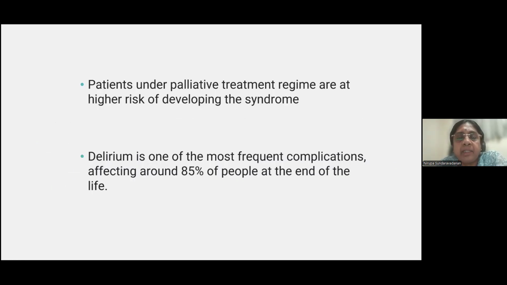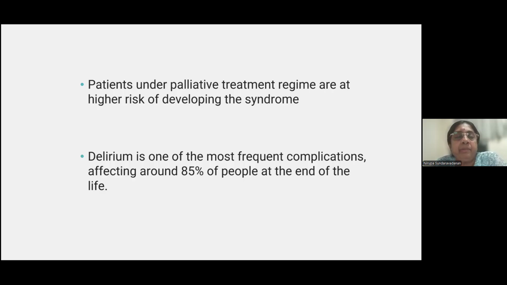In the palliative care setting, we see a lot of delirium. It's one of the most frequent complications. More than 80% of our people have some amount of delirium at the end of life. Why is it so?